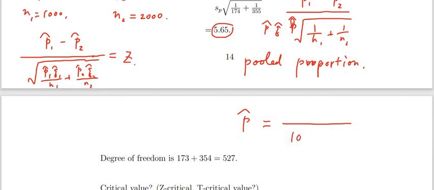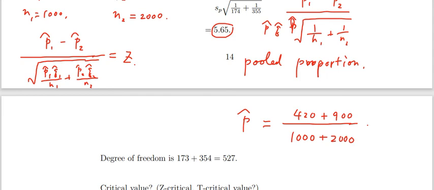We put simply like this: one, totally so many people, and then total people who like them. Like A is this, like B is 900. So this is a pooled proportion.